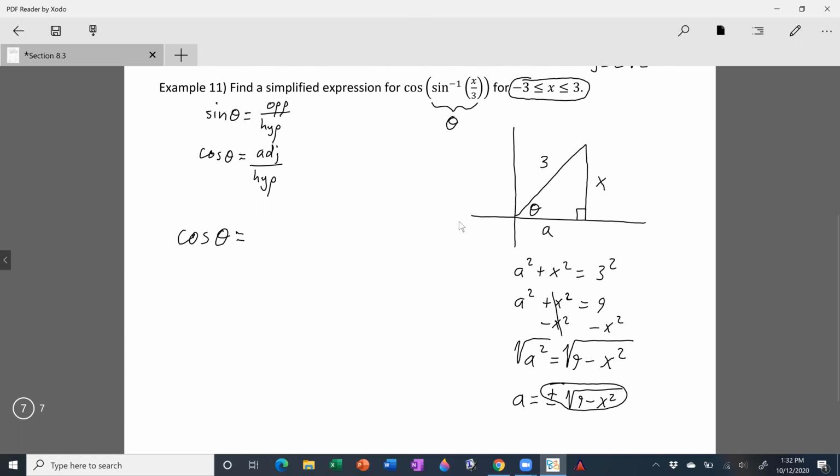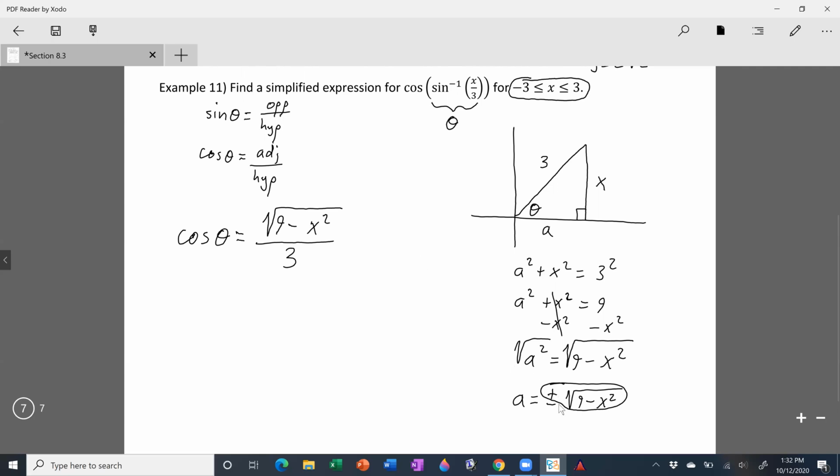We found out that the adjacent is the square root of 9 minus x squared, over the hypotenuse, which is 3. I'm just choosing the positive version there because there wasn't any extra information about what quadrant we needed to be in.